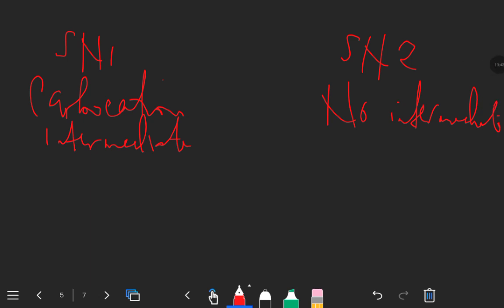Then another difference is the rate law. There is a rate law for the SN1 reaction and a rate law for the SN2 reaction. For SN1, we define rate as equal to the constant multiplied by the substrate.